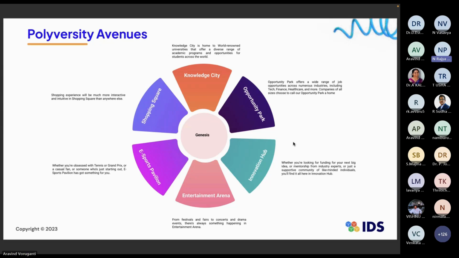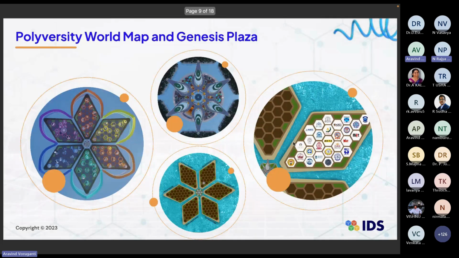So this is what the Polyversity avenues are all about, and this is how the metaverse looks. You have a floral structure, inspired by our national flower, the lotus. Each of these rhombus shapes will have 27 land parcels, and each land parcel is allocated.